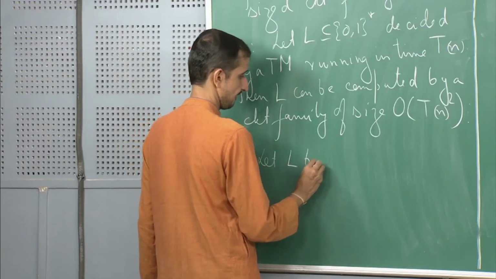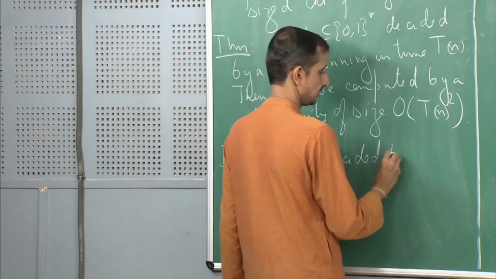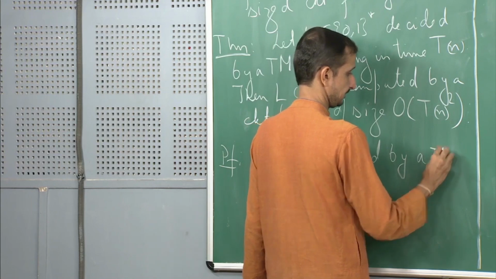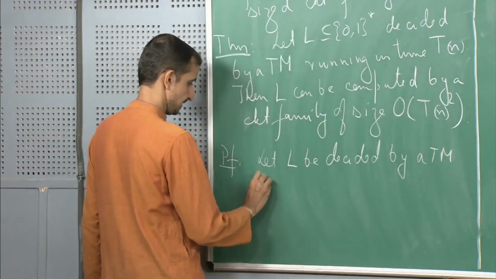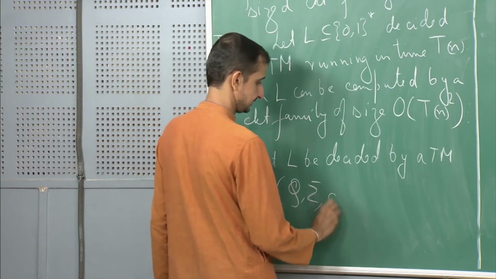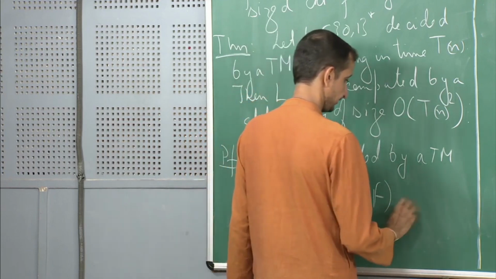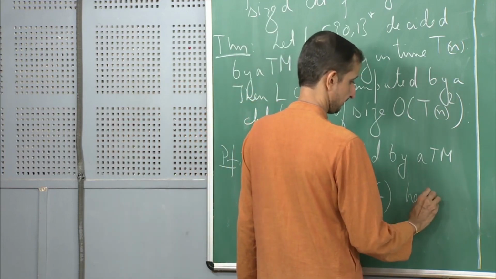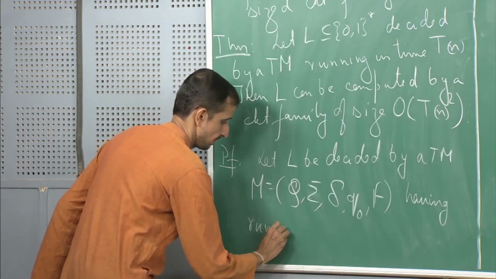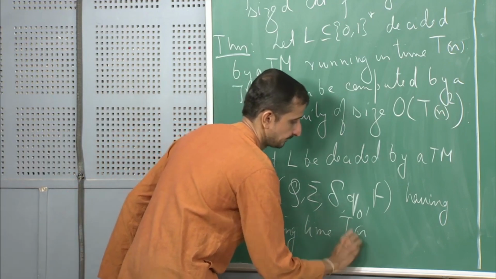Let L be decided by a Turing machine M equal to (Q, sigma, delta, q naught, F) having running time T of n.